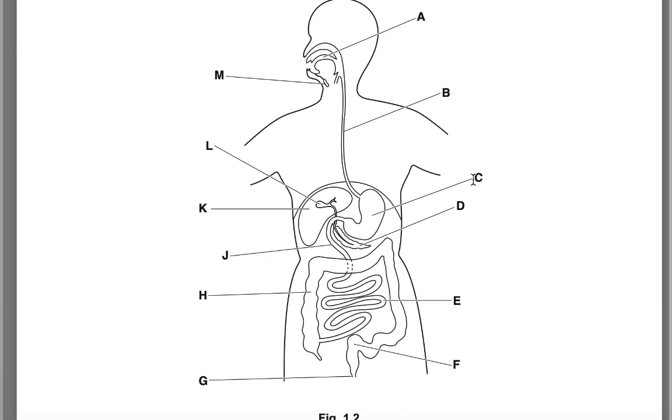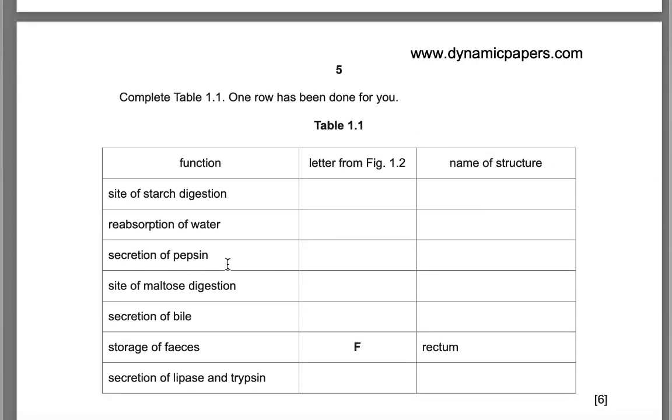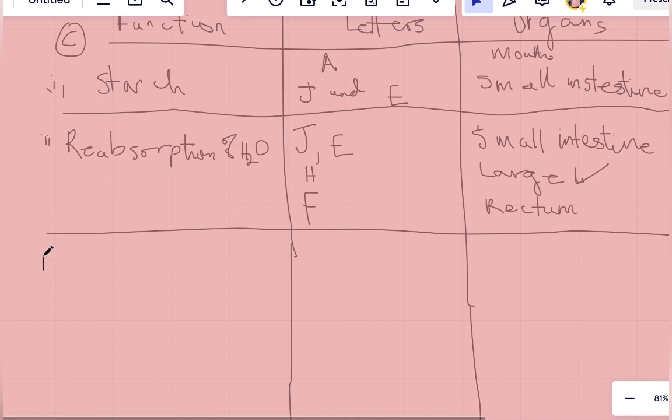It happens in letter C, only letter C. So we write the third one: secretion of pepsin.